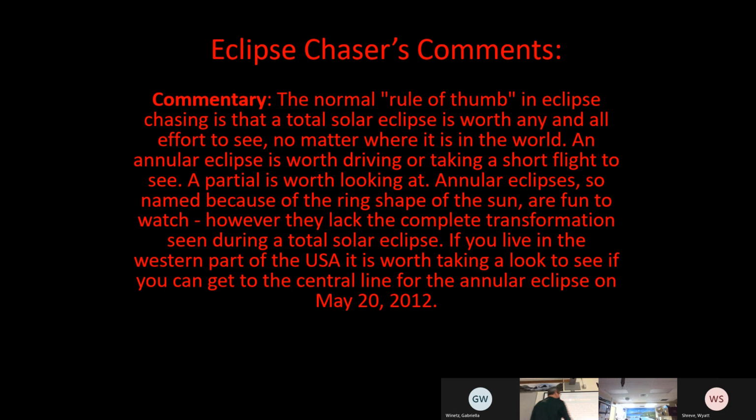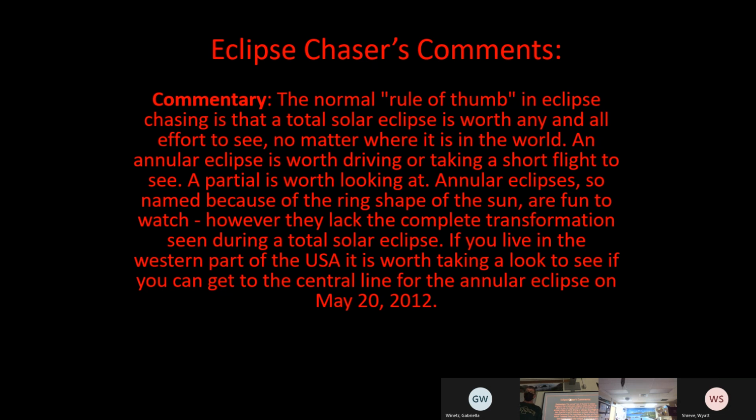So, from an eclipse chaser, people that travel around the world to see eclipses are eclipse chasers. And the normal rule of thumb in eclipse chasing is that a total solar eclipse is worth any and all effort to see, no matter where it is in the world. An annular eclipse is worth driving or taking a short flight to see.